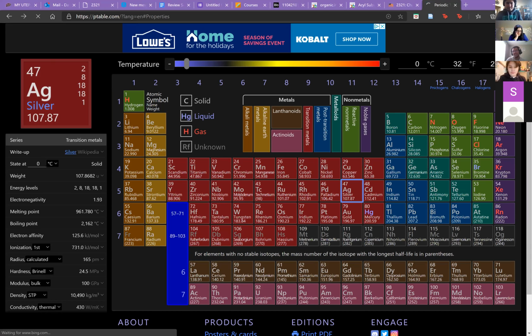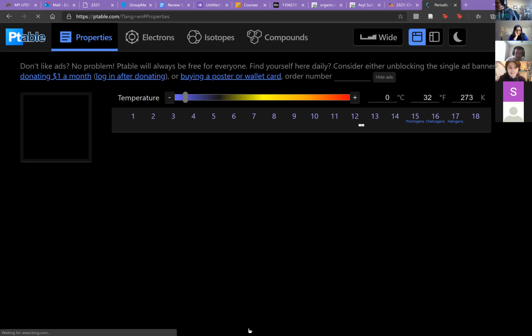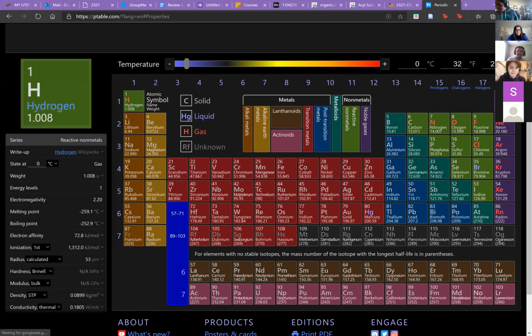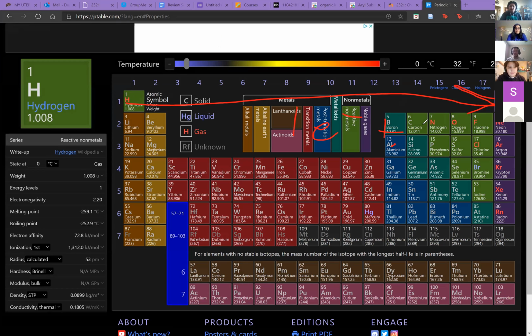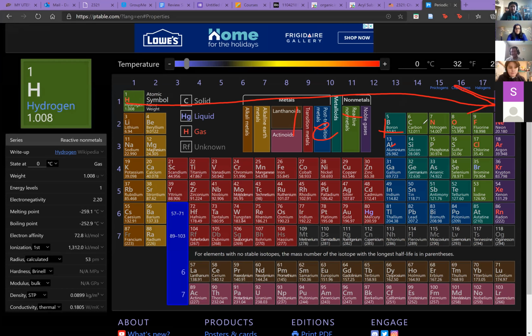So from lithium to fluorine, the ionization energy is going up, or increasing. From lithium to francium, which would it be easier to kidnap kids from, francium or lithium? Lithium.